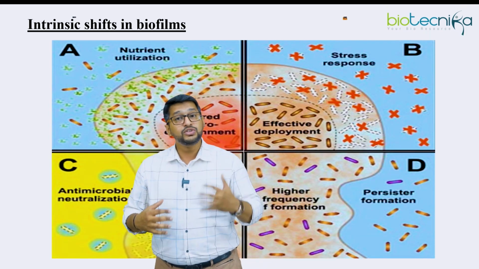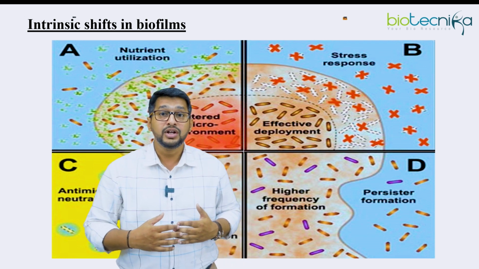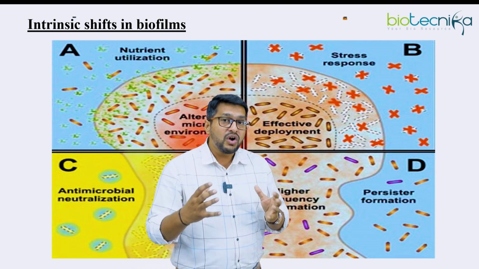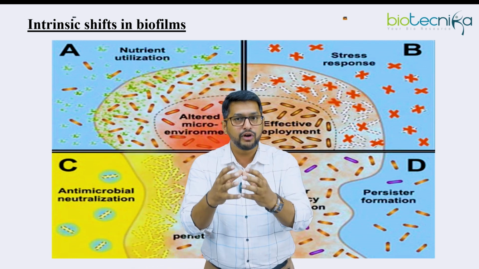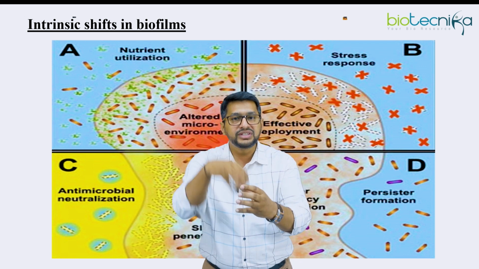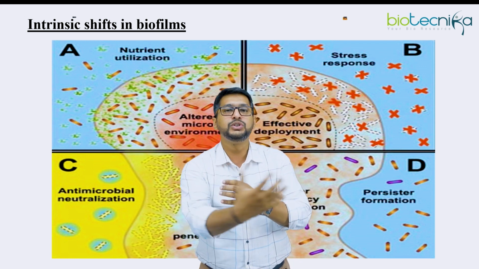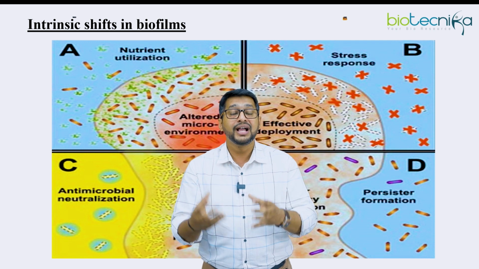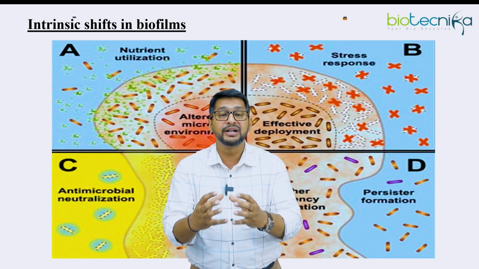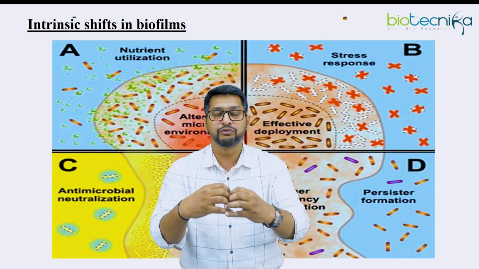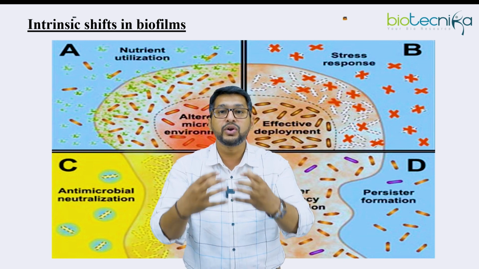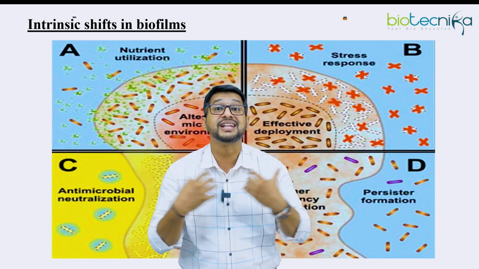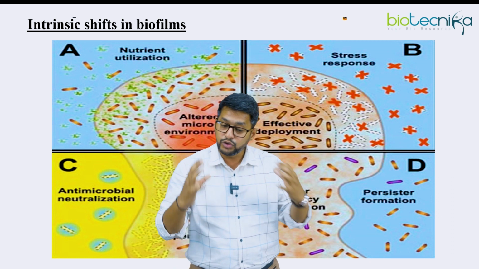Now, for me to understand this, I need to understand two major components: what happens in a biofilm form of a bacterium, what happens within the colony, and what happens outside the colony. So I am trying to understand the microenvironment which exists within the biofilm, and also the microenvironment which is surrounding the biofilm. So here I have two major components.